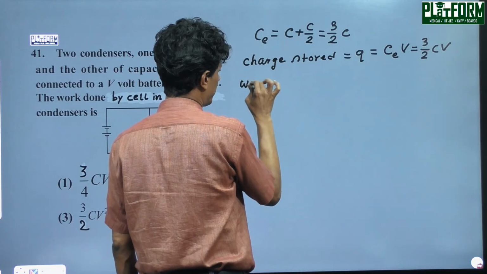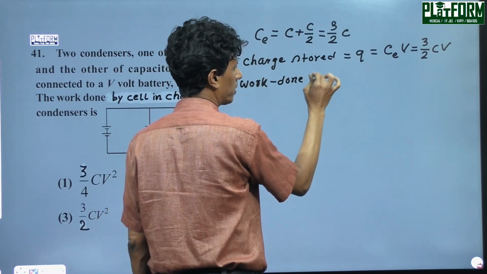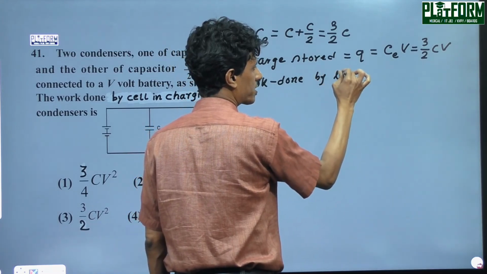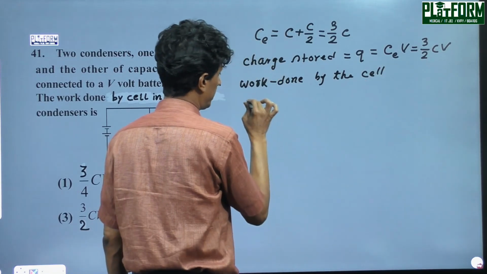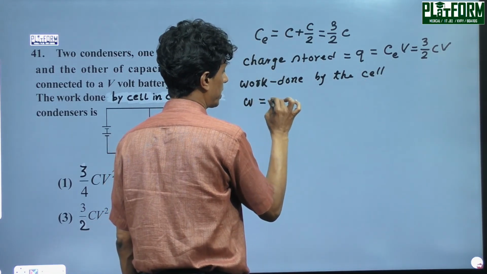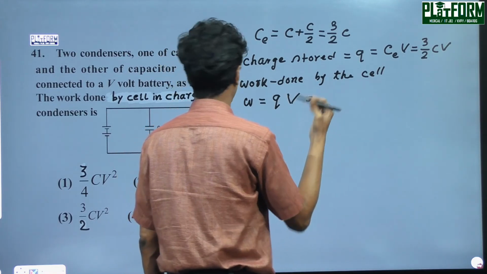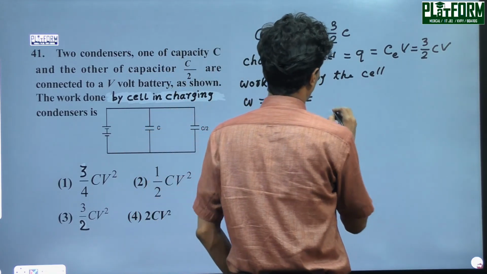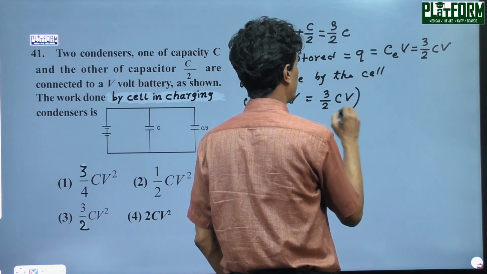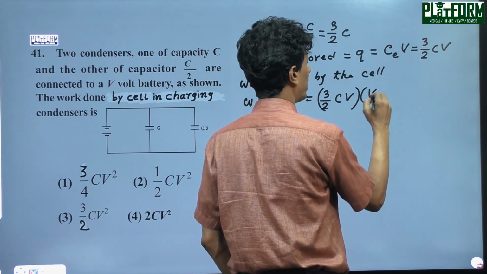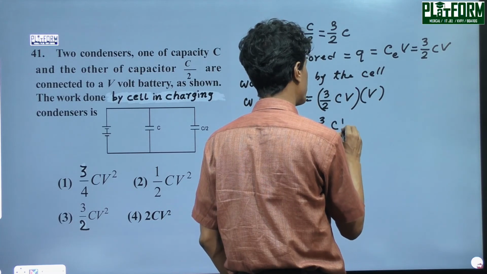Work done by the cell: W is equal to charge supplied by the cell Q times potential difference V. So it is 3 by 2 CV into V, and finally the answer becomes 3 by 2 CV square.